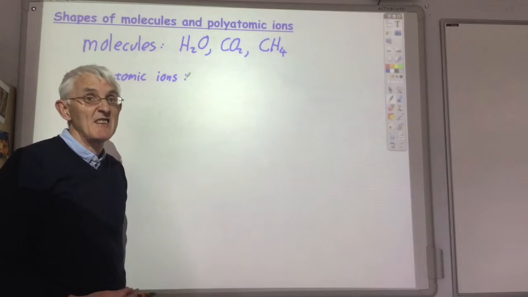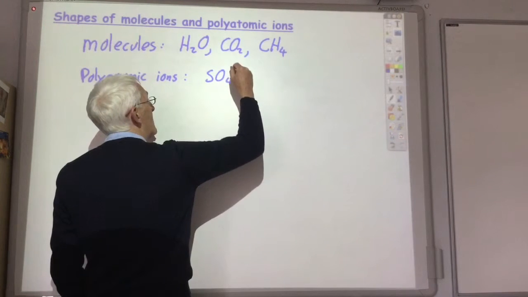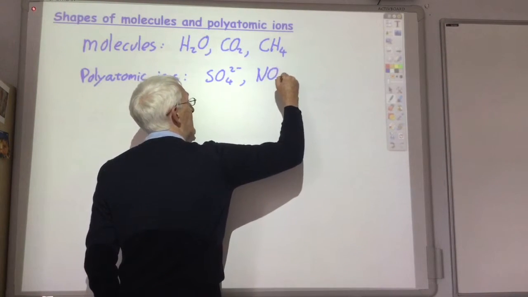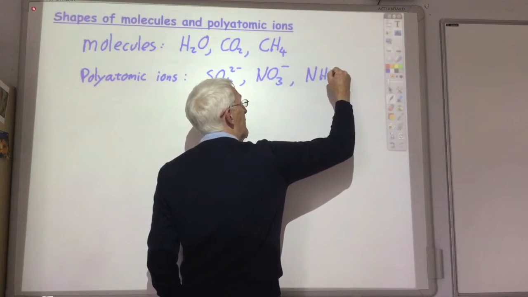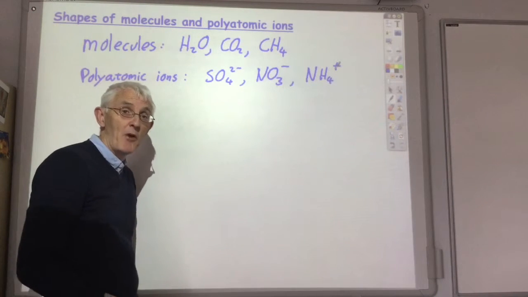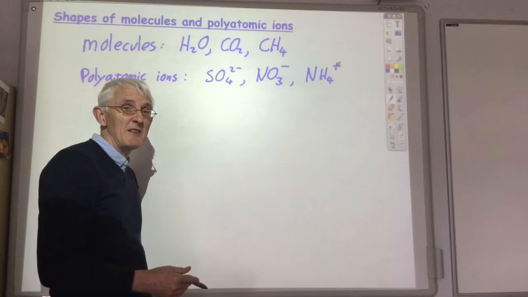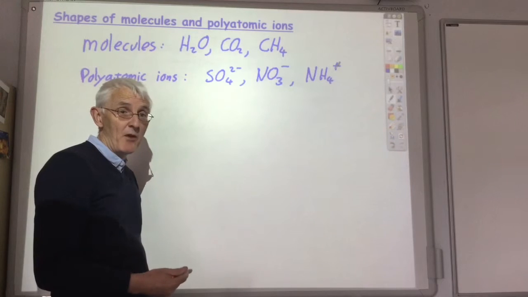So things like sulfate ions, SO4 2-, nitrate, NO3-, the ammonium ion, NH4+. These are all what we mean by the term polyatomic ions. Now, throughout this lecture, sometimes I might just refer to molecules, when in fact I'm talking about molecules and polyatomic ions.